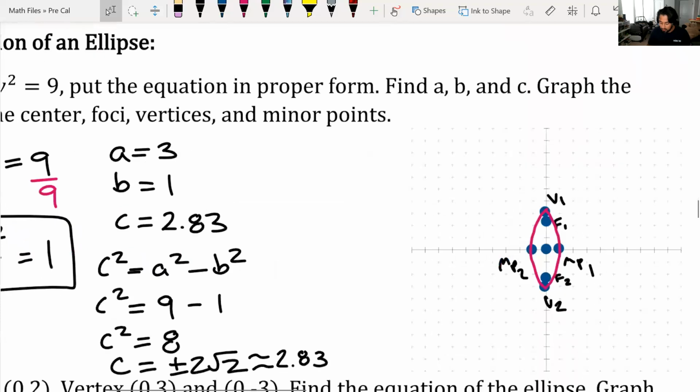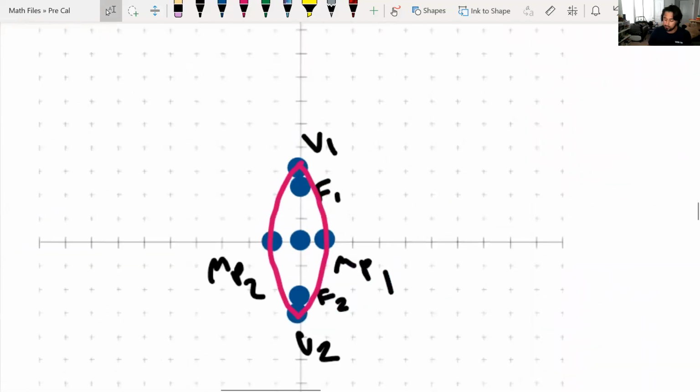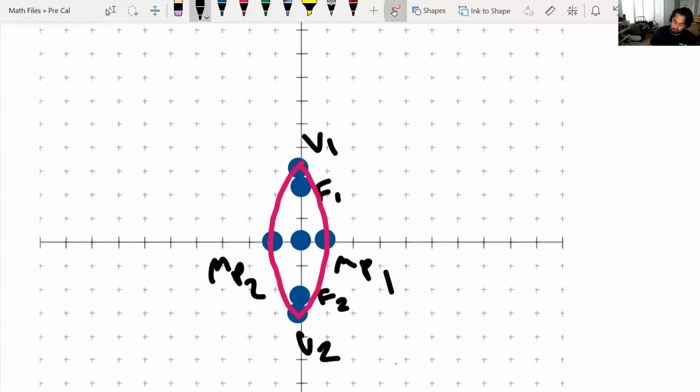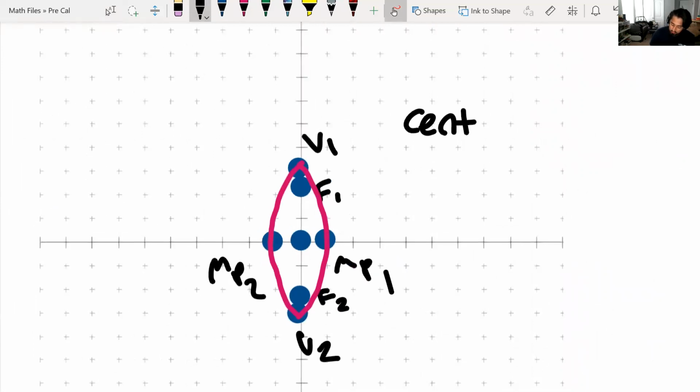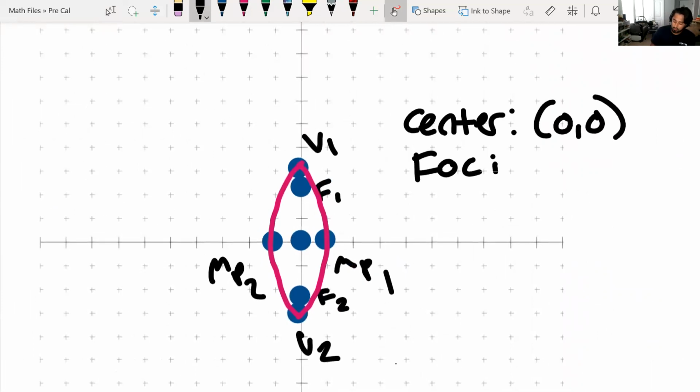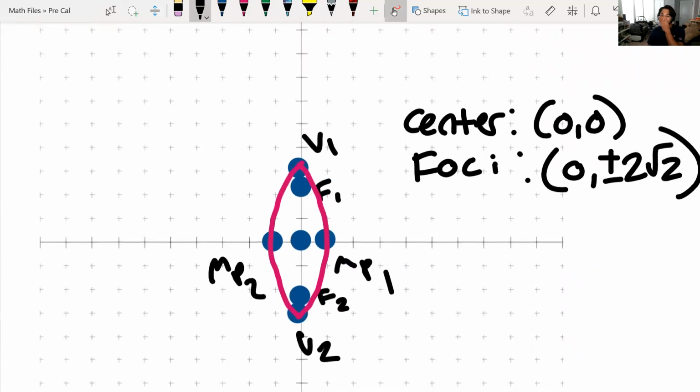All right. And then once again, we wanted to label all the points. So we know that the center is at 0, 0. Foci is at 0, and I'll just put plus or minus 2 square root 2, or you can put the decimal, whatever your math lab is going to ask for.